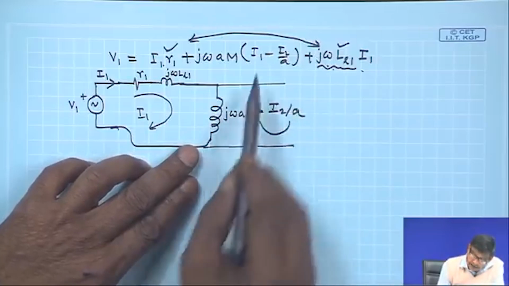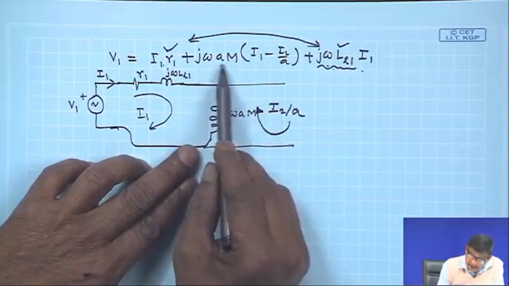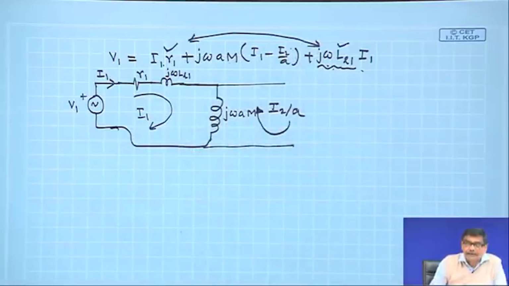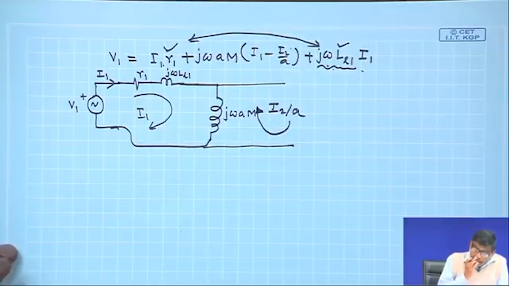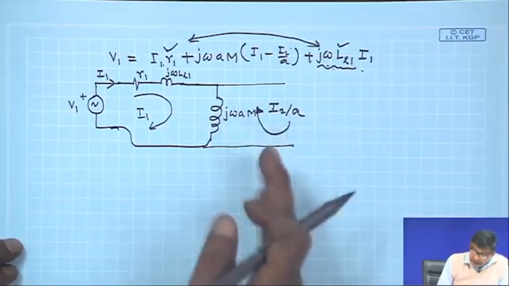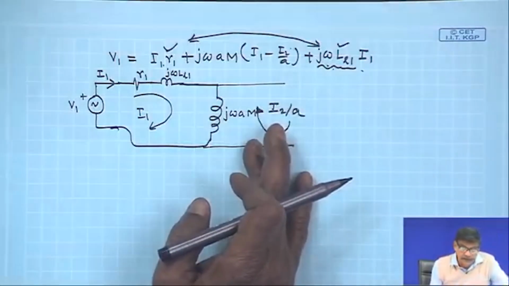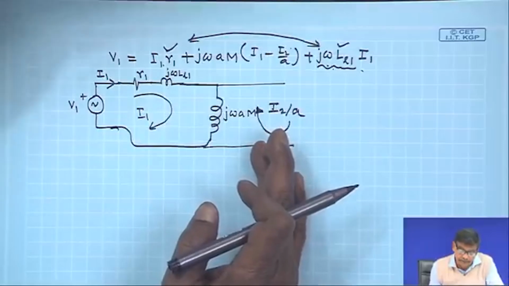So, that will be minus j omega m into I 2 by A, then it is fine for the primary coil. Similarly, now the question is what is here in this side? The second equation will help me to do that.